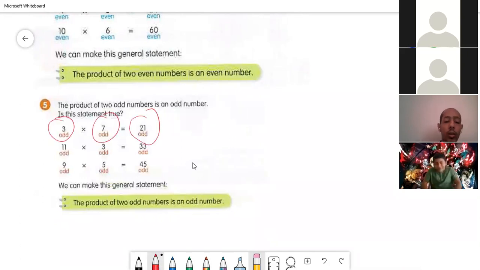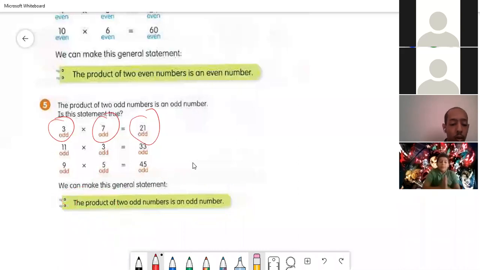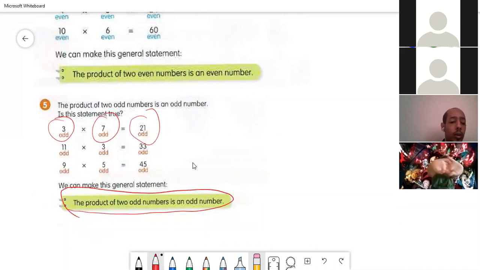So the answer is going to be odd. So the product means what? Multiplication. Always when you see this word, product means multiplication. So the product of 2 odd numbers is an odd number. For example, 9 is odd times 5 which is odd would give us 45, which is also an odd number.